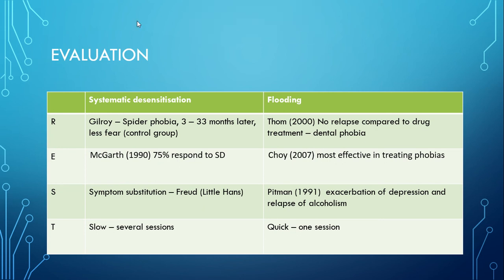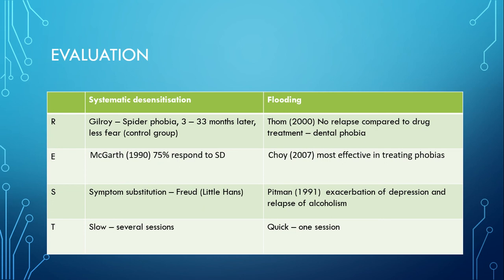Right, and then flooding. So Thom in 2000 compared people who had a phobia of dentists, the whole sample had a phobia of dentists. Some of them were given a drug treatment to relax them, a sedative, and the other group had one treatment of flooding, and Thom found there was no relapse rate.